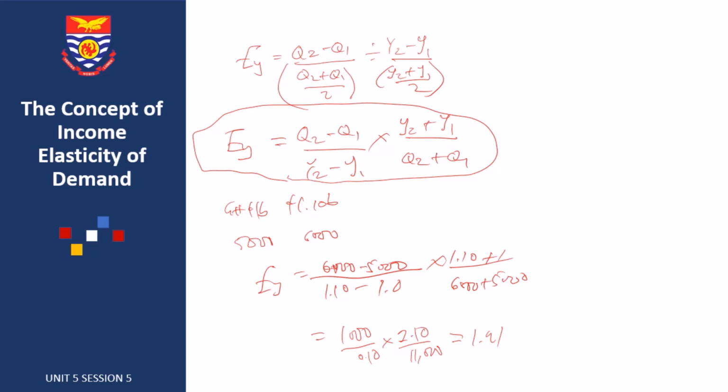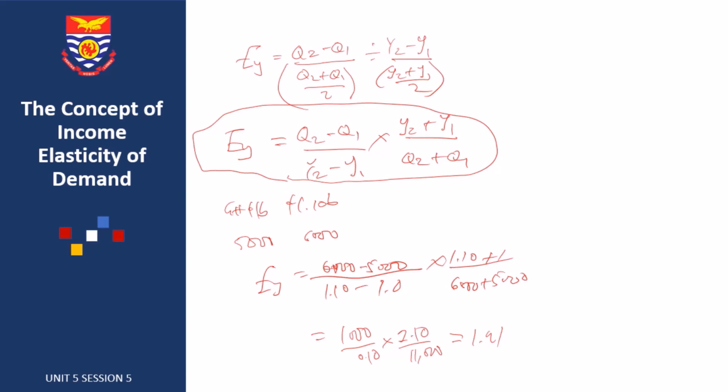So we say a 1% increase in income would be expected to result in a 1.91% increase in quantity demanded, all things being equal. Recall that this calculation assumes that all other factors influencing quantity demanded have remained unchanged. This warning applies to all elasticity calculations.